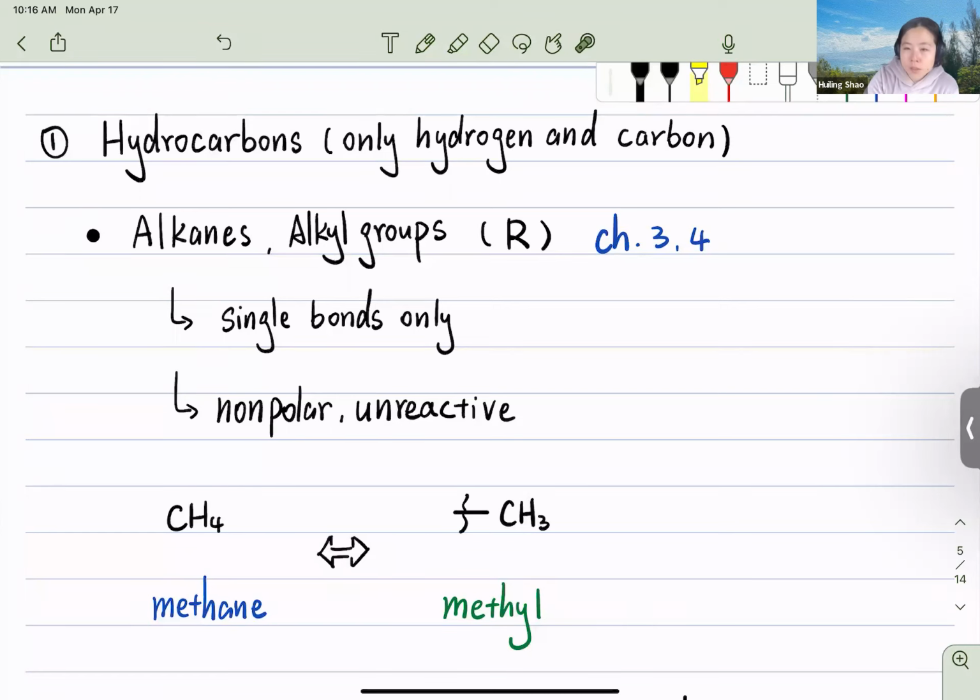So we will start from the most common functional group, which are hydrocarbons. Hydrocarbons, by their name, only contain hydrogen and carbon atoms.